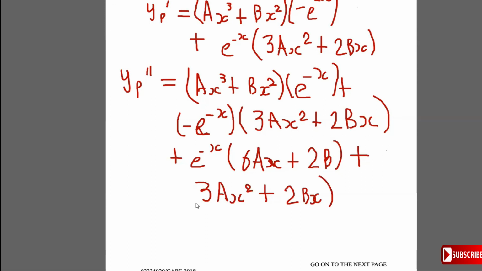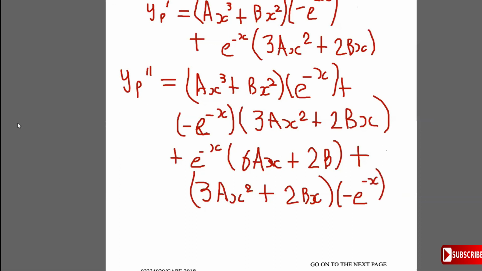So we keep the first, differentiate the second, plus keep the second, differentiate the first. Differentiating the first is timesing it now by minus e to the minus x. So now we're good and we're all set to go.